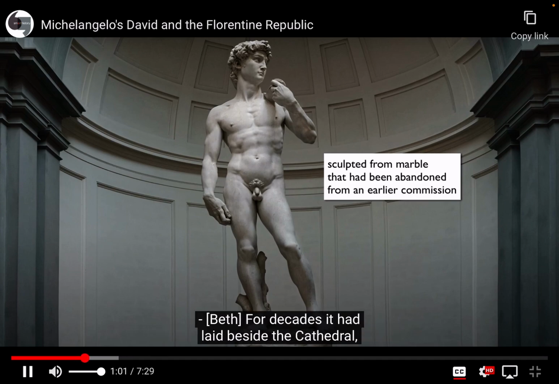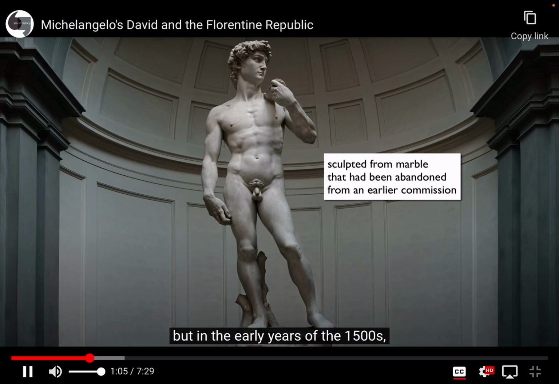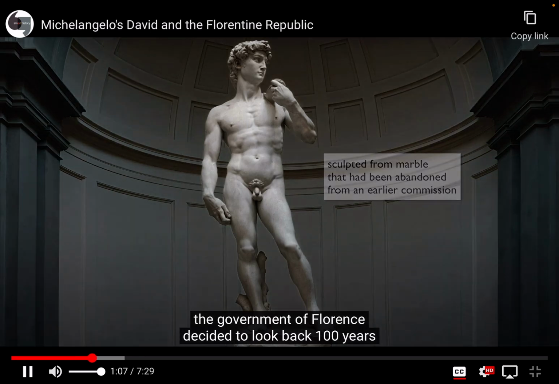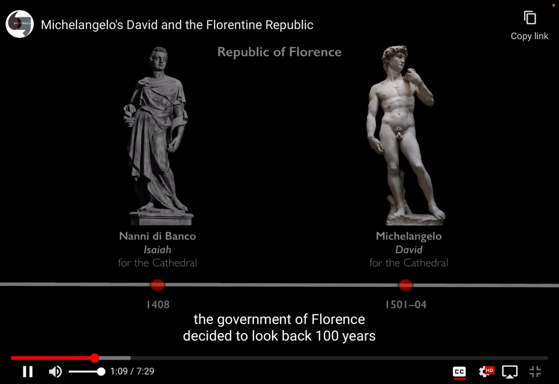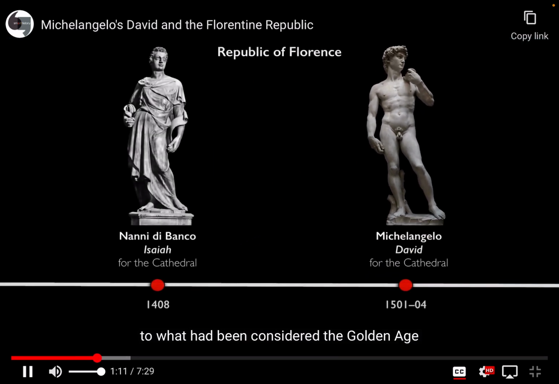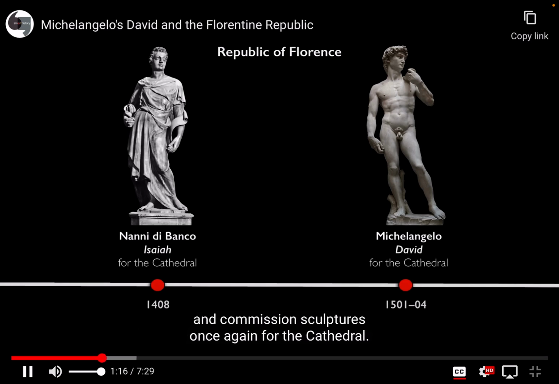For decades, it had laid beside the cathedral, but in the early years of the 1500s, the government of Florence decided to look back 100 years to what had been considered the golden age of the Florentine Republic and commissioned sculptures once again for the cathedral.